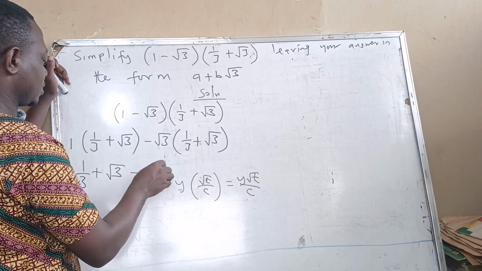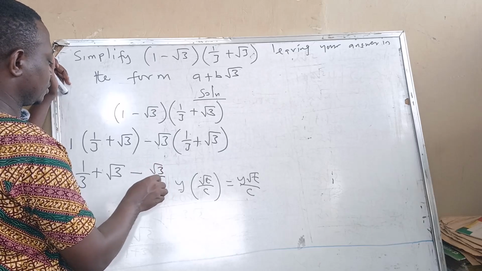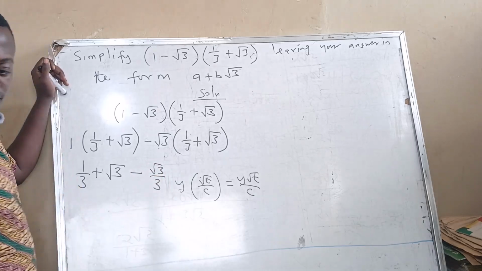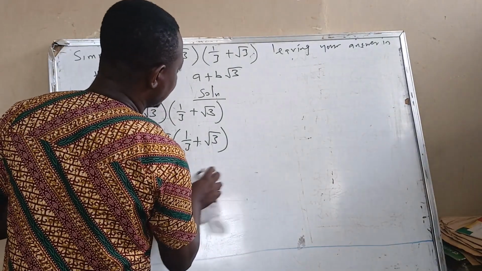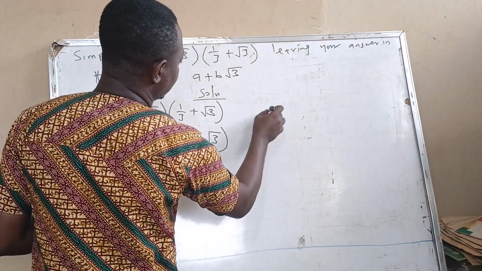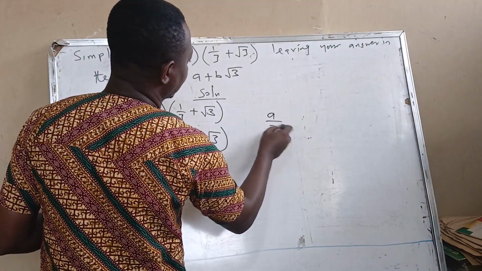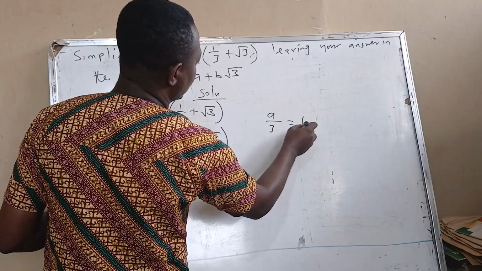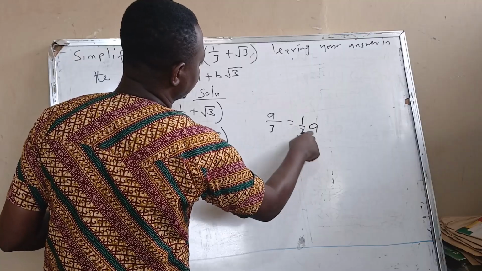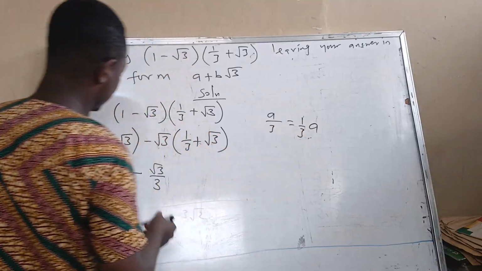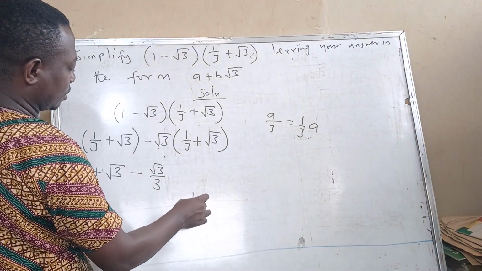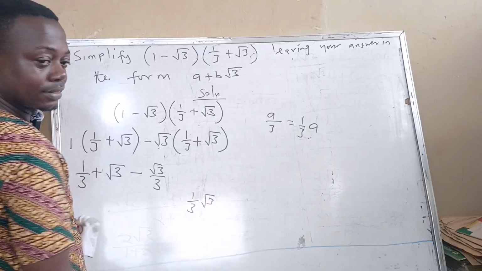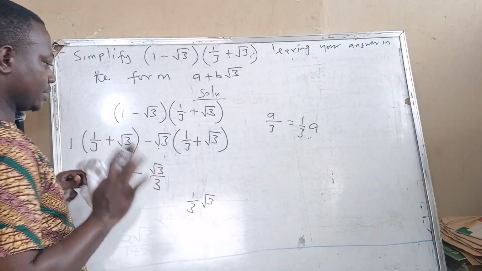Okay. Now, one more thing. When you see a on 3, it's the same as 1 over 3 times a. So this one is the same as that. It means we can write this one as 1 over 3 with root 3. Okay, so this and that are the same.